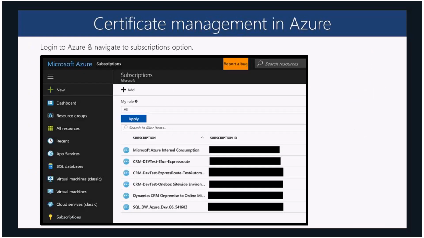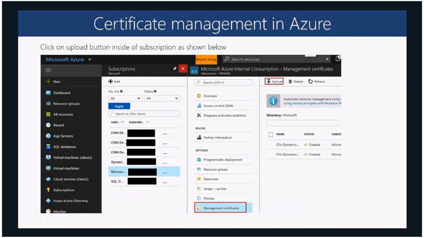the next step is for you to go to your Azure portal, click on the subscription, then click on the subscription specifically which you are using for this migration activity. And post that, you will see an option called Management Certificates in the column which gets expanded. Once you do that, you have an option to upload the certificate right over here, as you can see, which is marked in the red box.